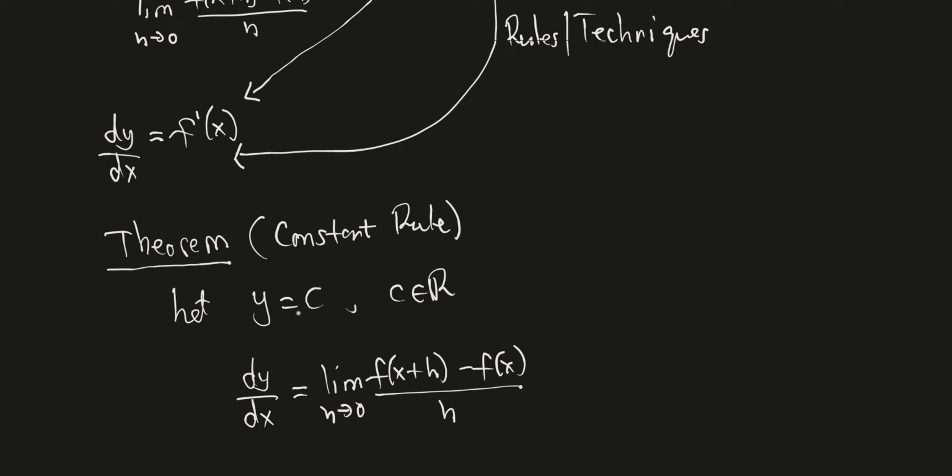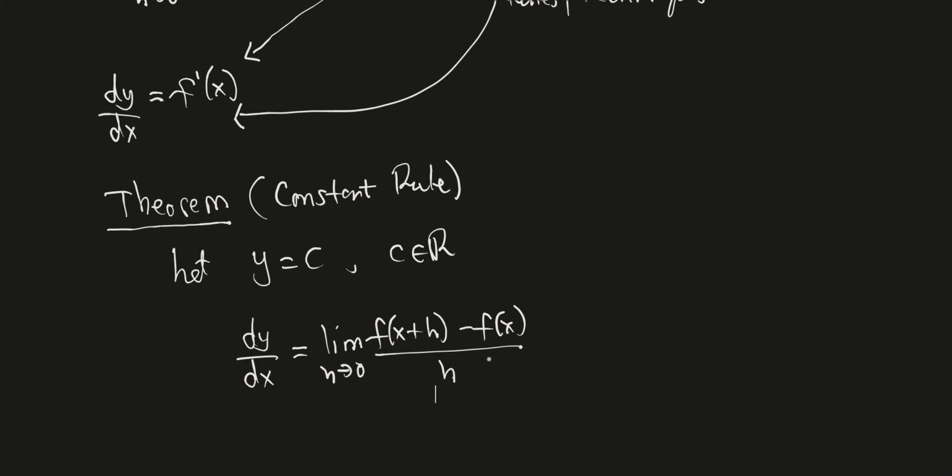Well, for a constant function, since there is no x to plug in, for all values of x this is equal to c, and so is this, right? In other words, because there's no x to replace in a constant function, f of x plus h is equal to c, and so is f of x, because no matter what I plug in here, that function will return a constant value.